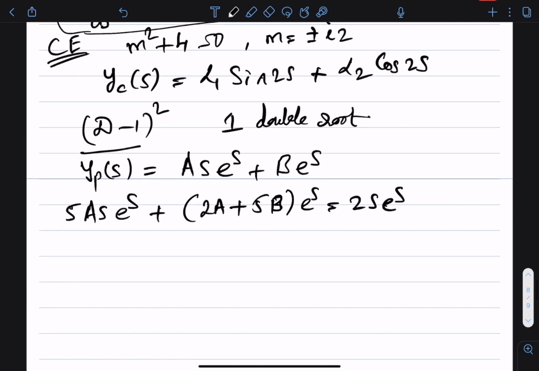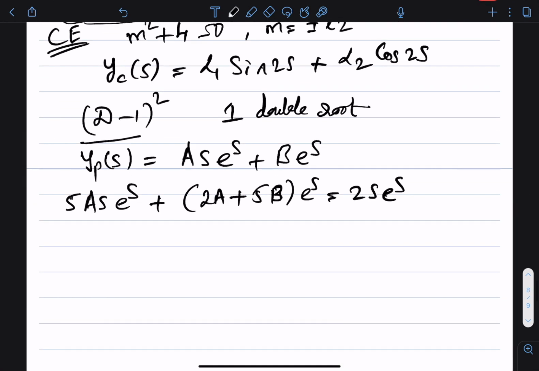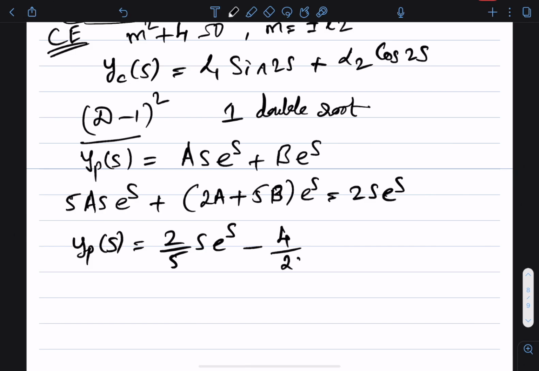If you equate coefficients, you are going to get a and b, because 5a is 2, so a is 2 by 5, so your yp of s is 2 by 5 s e power s, and your b will be 4 over 25 e power s, right?